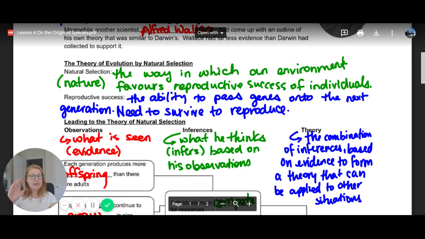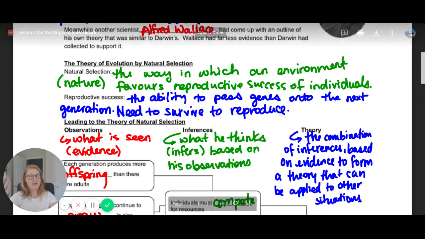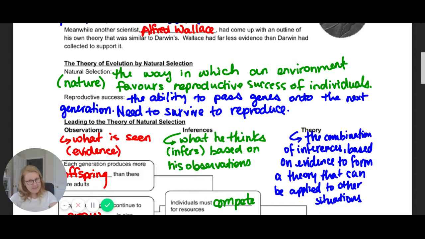So, what I want to talk about here is how he formed his theory. I'll mention what the theory is. Natural selection is the way in which an environment, or nature, favors reproductive success of individuals. So, what is reproductive success? This is an individual's ability to pass on its genes to the next generation. If, for example, the organism dies in infancy before it has had the chance to reproduce, it would not have high reproductive success.